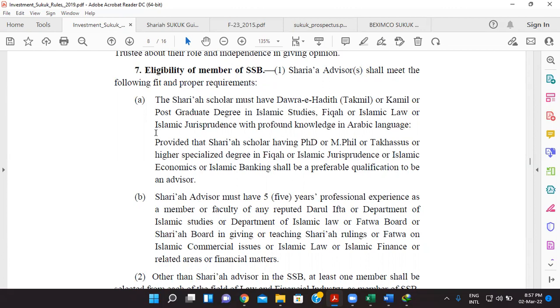The Shari'ah scholar must have a Dawrah Hadith, Takmil or Kamil, or a postgraduate degree in Islamic studies, fiqh, Islamic law or Islamic jurisprudence with profound knowledge in the Arabic language. We talked about this kind of criteria when we discussed the eligibility criteria in the Islamic banking guideline provided by the Bangladesh Bank.